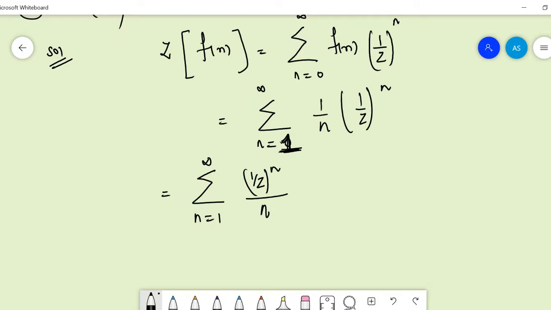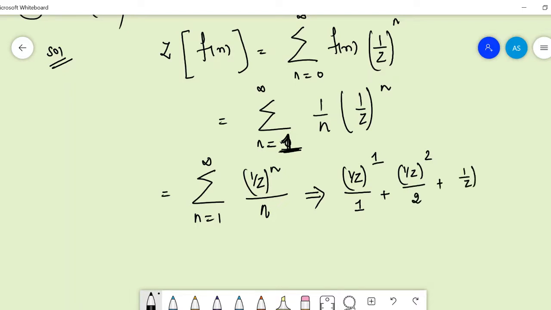Now expand this summation symbol. Here n value starts from 1. So 1 by z divided by 1 plus 1 by z whole power 2 divided by 2.